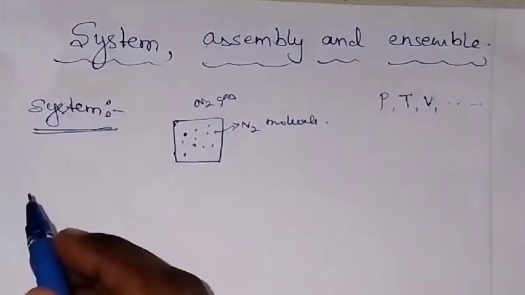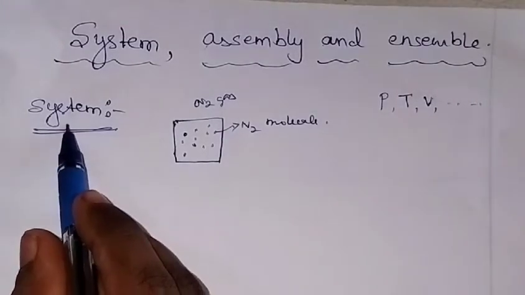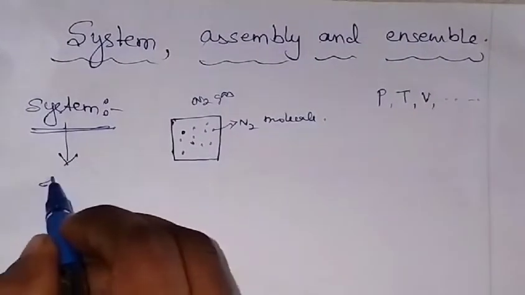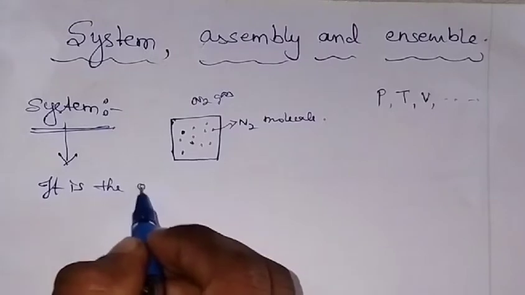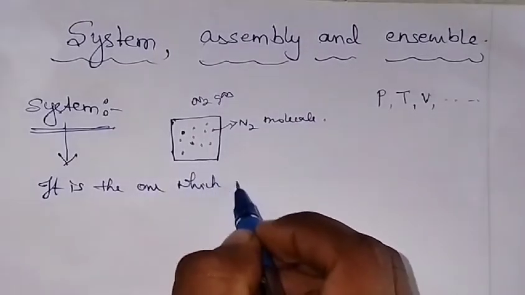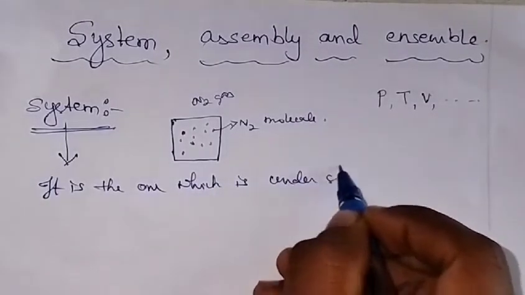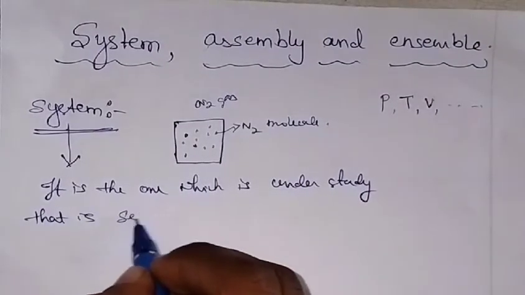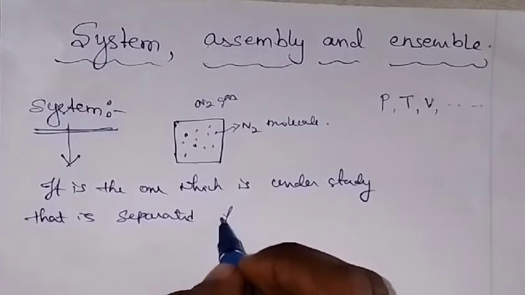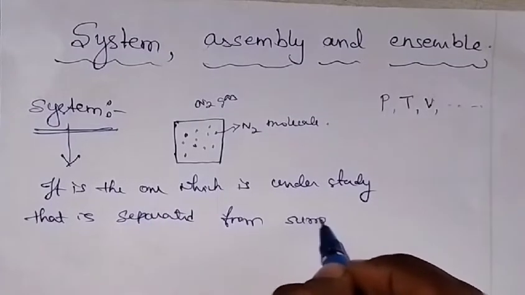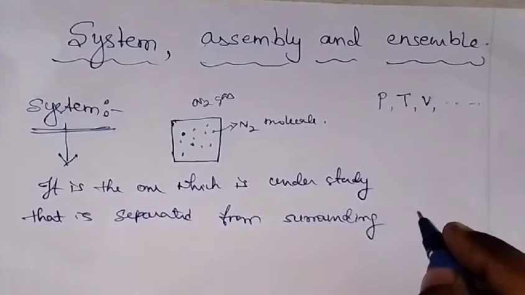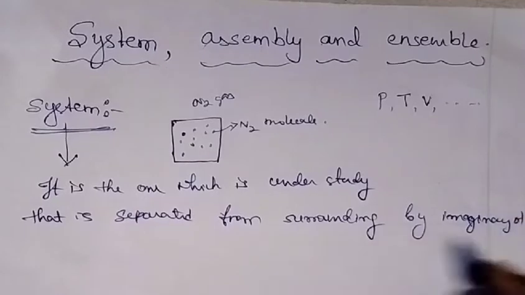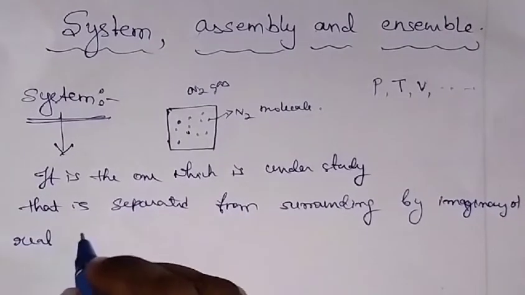Now according to the definition, what is a system? The system is nothing but the one which is under study, and that is separated from the surroundings by an imaginary or real boundary.